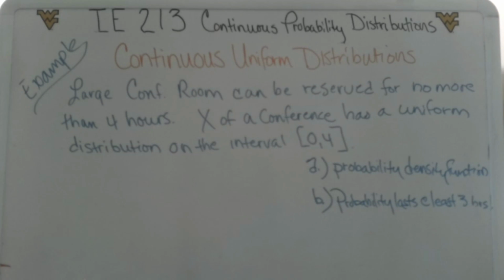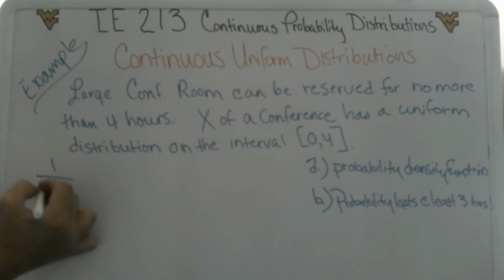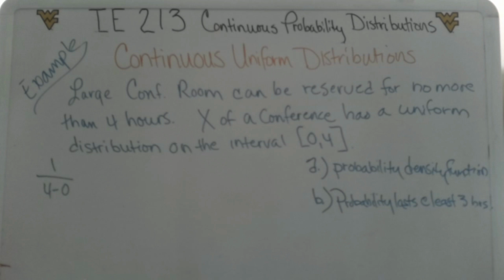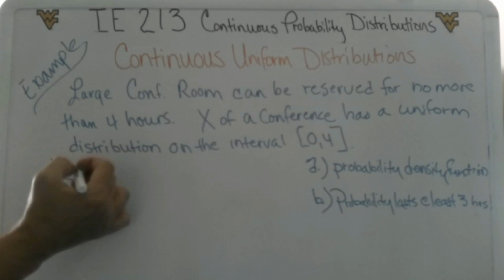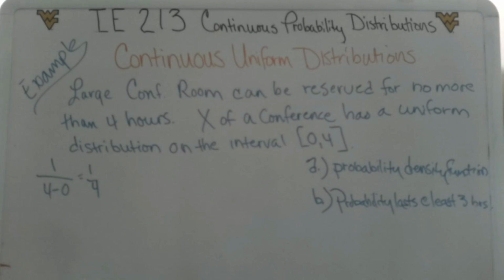So we want to know what is the probability density function. We would take 1 over b minus a, which is 4 minus 0, so it's our interval values, b and a. That's our density function, so that would equal 1/4. And so that's part A.